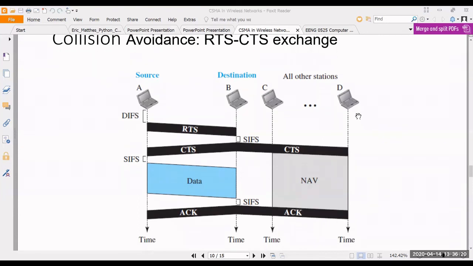Whenever A wants to send something to B, its destination, it sends a request to send frame onto the line directly towards B. Assuming everything is equal, it gets to B. When B sees the request to send, it also sends a clear to send frame onto the line.